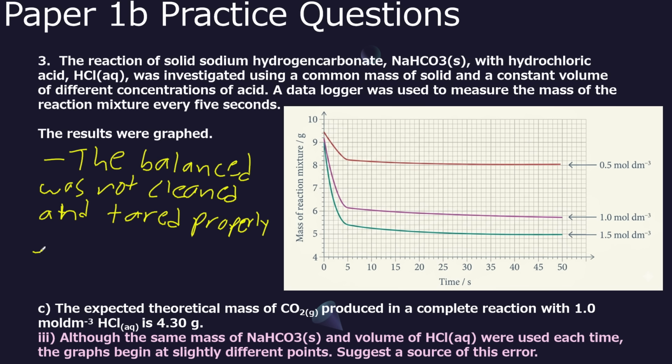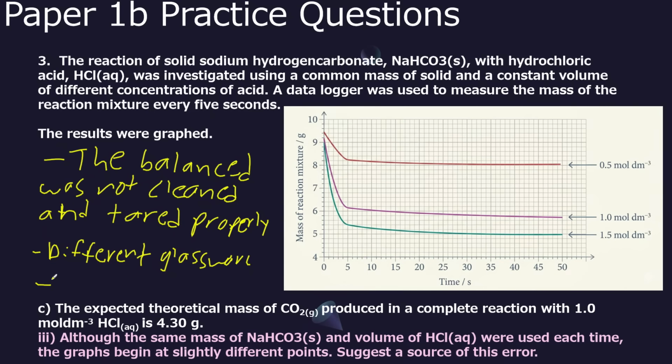What else? Well, you only need one source, so that would be enough, but other things could be different glassware being used that has slightly different masses. If you don't tare in between those as well, the glassware could be contaminated as well. What else?